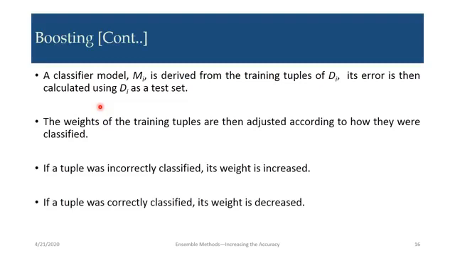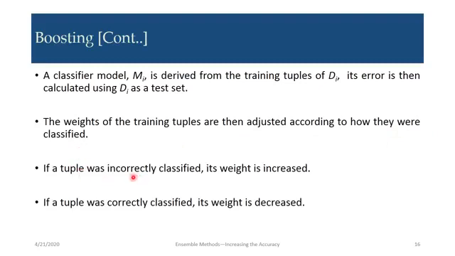The weights of the training tuples are then adjusted according to how they were classified. Every tuple in Di is associated with some weight. When we have made the classifier Mi, we apply this classifier to the same training tuples, Di, so the error can be calculated and minimized by adjusting the weight of every tuple of Di.